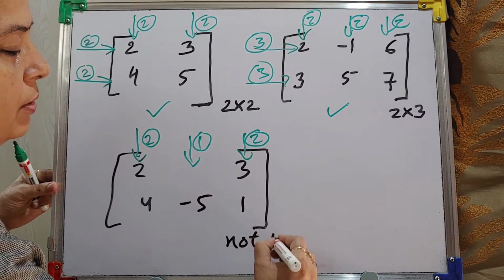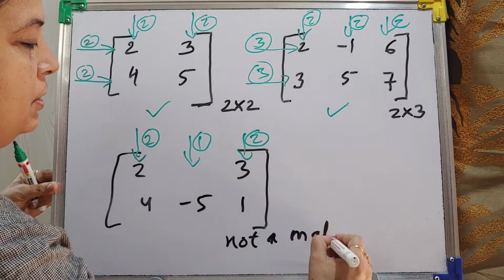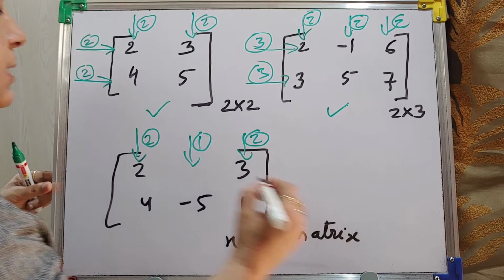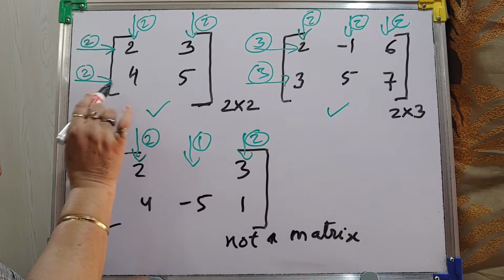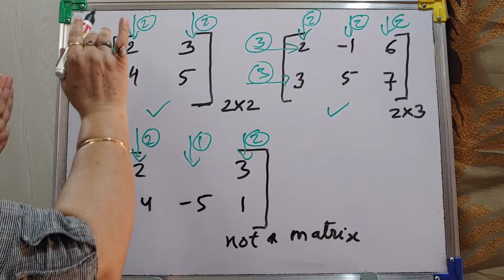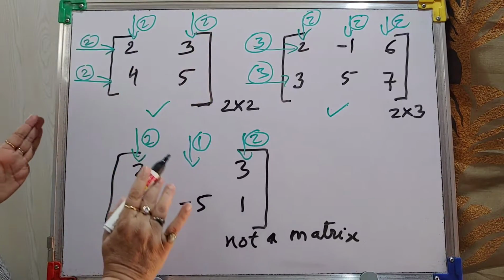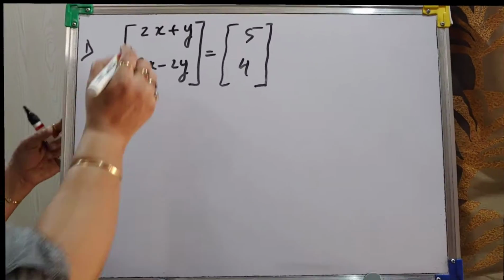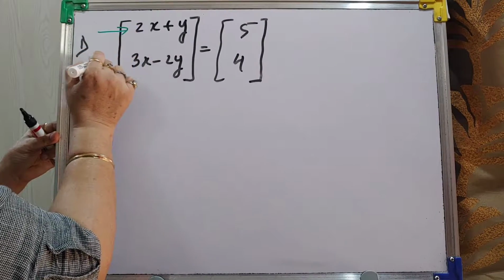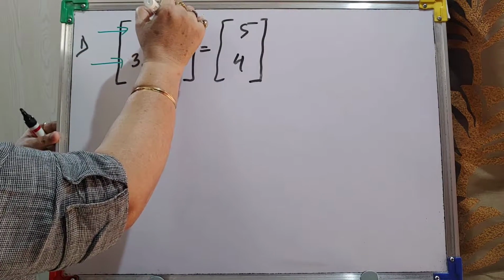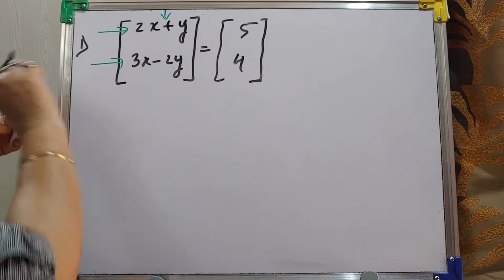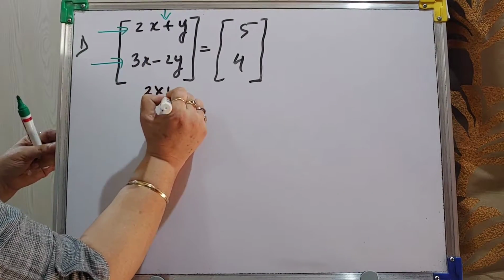So it is not a matrix. So for a matrix, the number of elements in each row should be the same and the number of elements in each column should be the same. Now here there are 2 rows and only 1 column. So the order is 2 by 1.